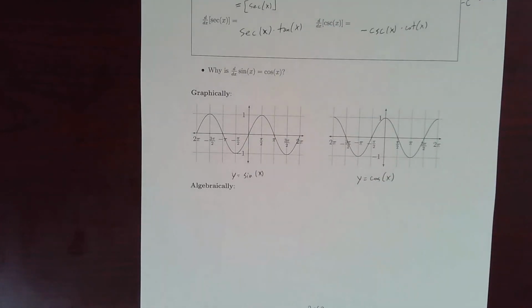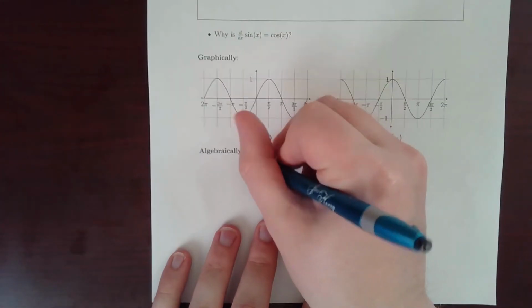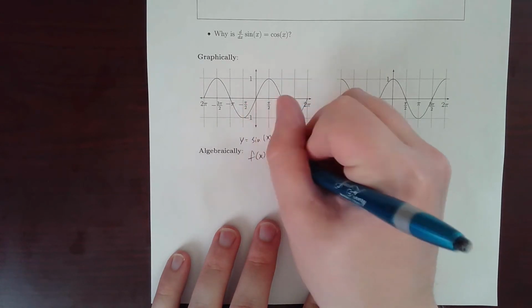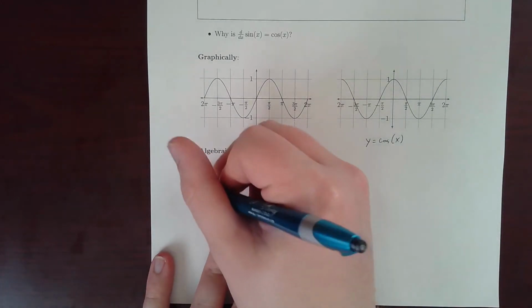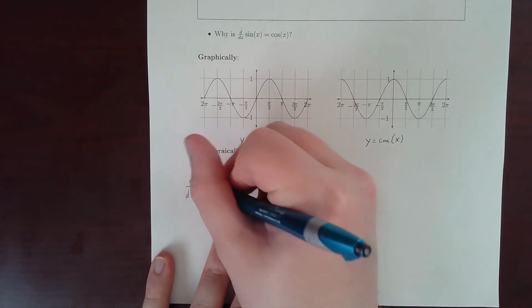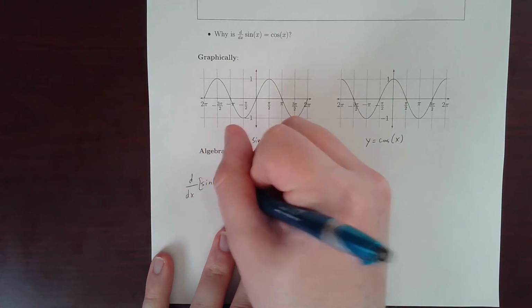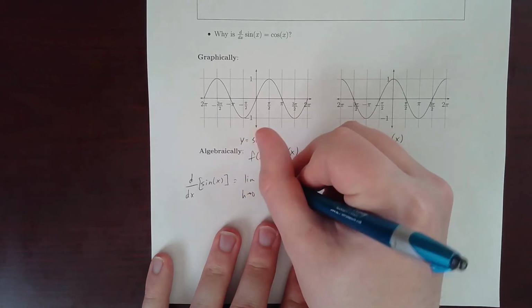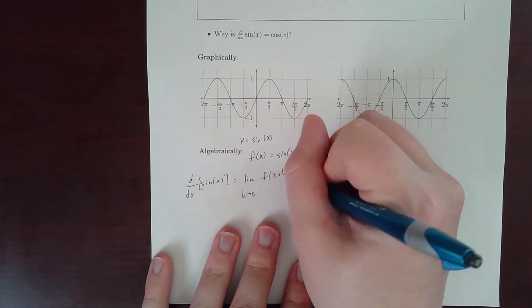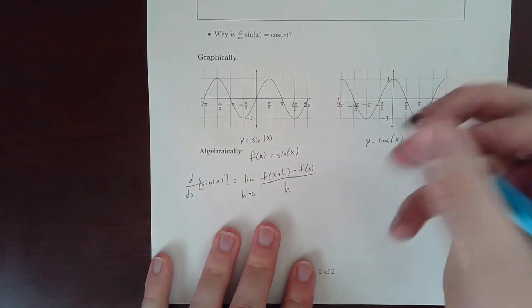Now from an algebraic standpoint, if we wanted to go ahead and find the derivative of f of x equals sine of x, our derivative of sine of x is going to be found by taking the limit as h approaches 0 of f of x plus h minus f of x all over h.